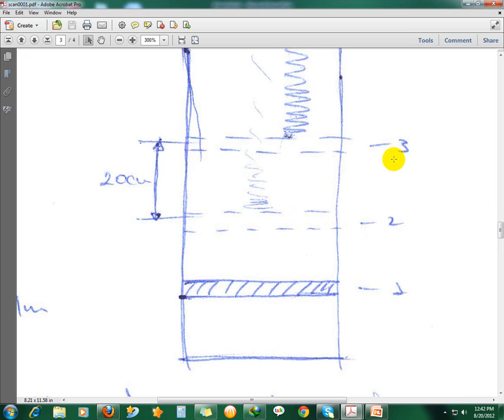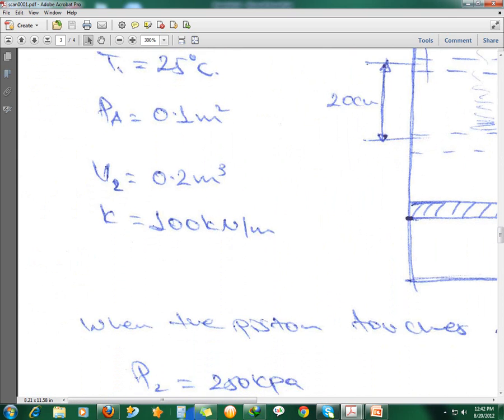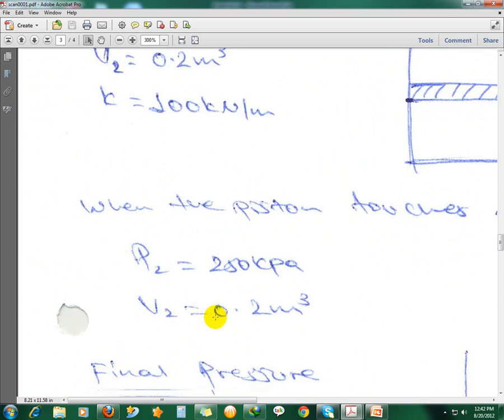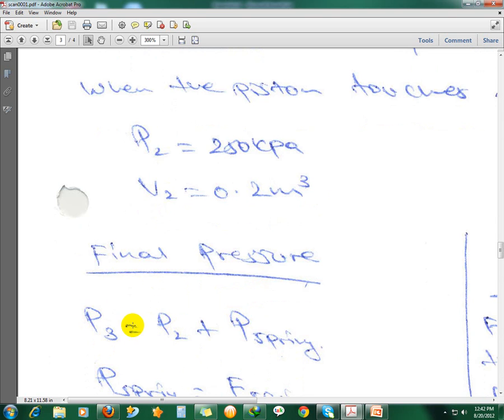From stage 2 up to 3, due to this spring there is additional pressure onto the piston, so there is additional pressure in the water. So to calculate the final pressure, P3 is equal to P2 plus P spring, the additional pressure due to this spring.